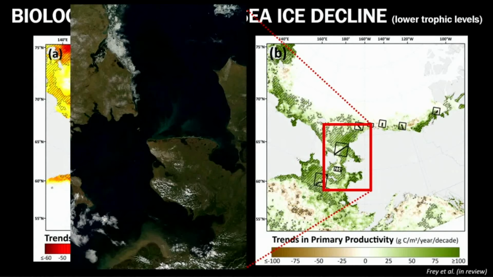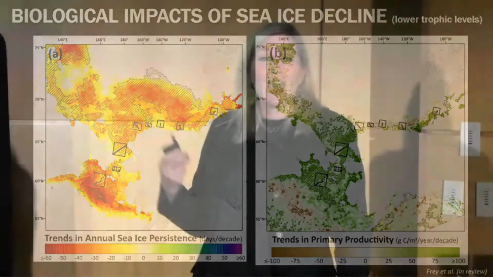So we use these colors of the ocean to tell us something about what chlorophyll concentrations, and therefore things like primary productivity, are doing in our oceans as well. This is just an example of the low end of the food web, which is incredibly important. Some of the most productive marine ecosystems in the world occur in these Arctic areas.